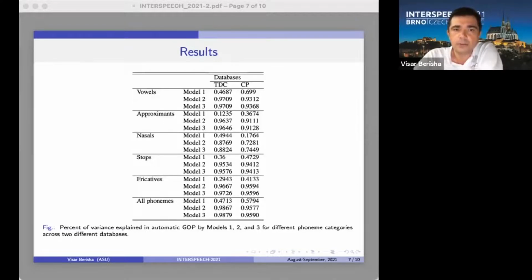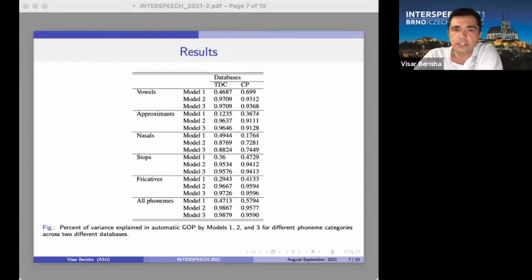Across all categories in both databases, more of the variance in automatic GOP is captured by acoustic deviation rather than the forced alignment error. So this is just comparing model 2 with model 1. The percent variance explained by model 2 is much, much greater. And so the implication of this is that this automatic GOP seems to be largely capturing the acoustic mismatch as measured by the likelihood ratio that I described earlier, and not the alignment error.